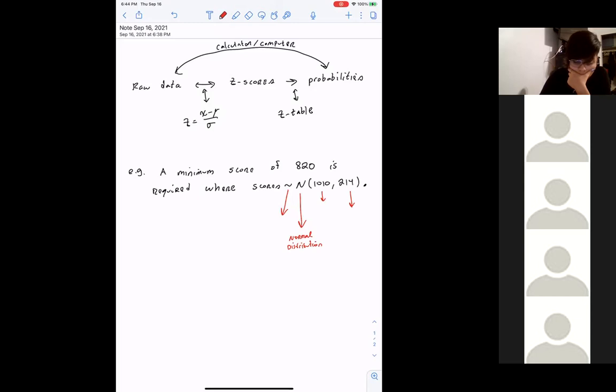We need mean and standard deviation. You need a mean, yes, and standard deviation. So what do you think those numbers are? Mean and standard deviation. Yes, the mean, and I'm just gonna write mu and sigma.